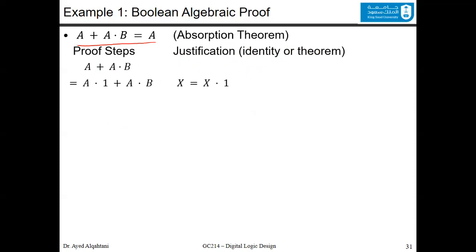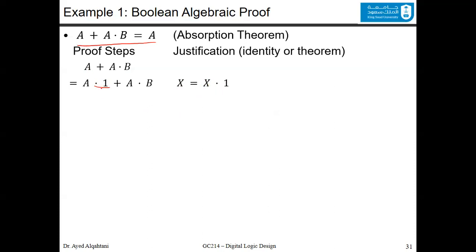What we are going to do here is we will apply this rule, which is that if you have X ANDed with 1, it's going to be equal to X. That's one of the algebraic laws. And by having this law, what we did is we introduced this part here. The A, we ANDed with 1.